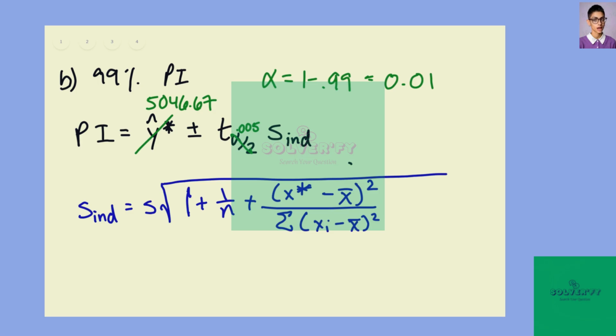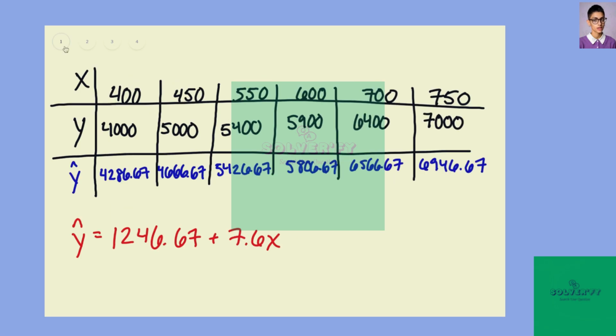First, let's calculate the mean of our x's. The mean is 400 plus 450 plus 550 plus 600 plus 700 plus 750 divided by 6, and we get an x bar of 575.